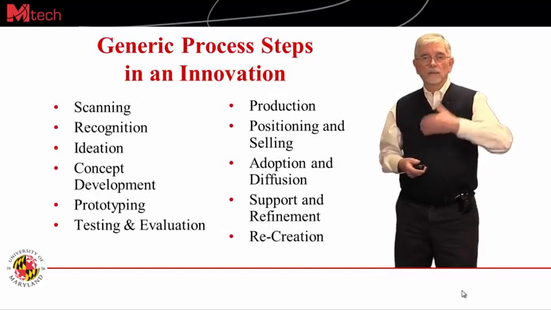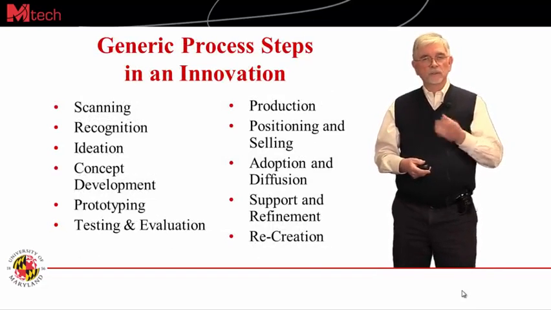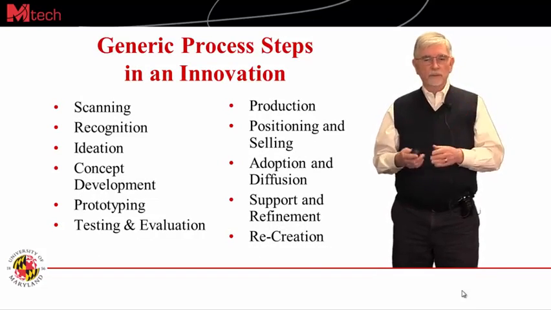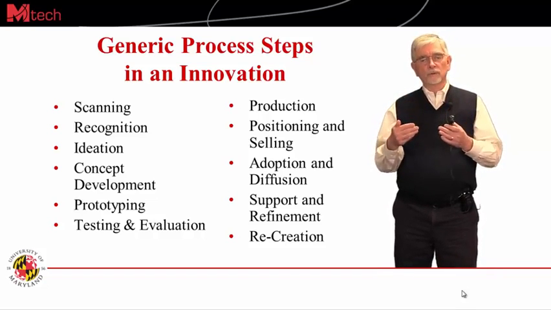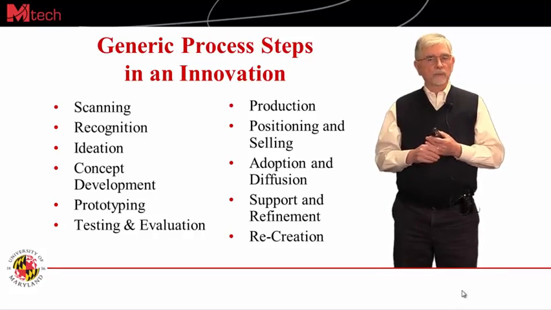So looking at all of these things, and we'll look at this in subsequent presentations, I wanted to put in front of you a generic set of process steps for innovation.